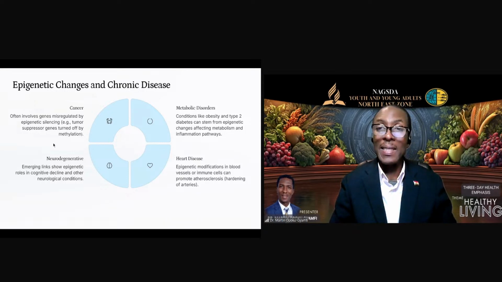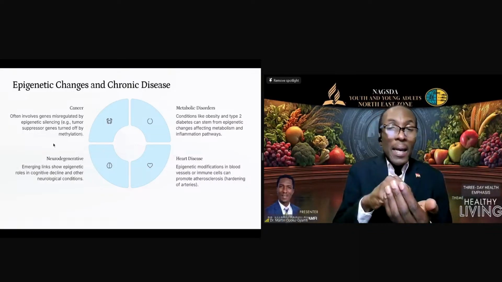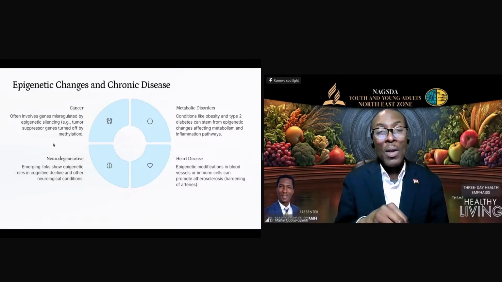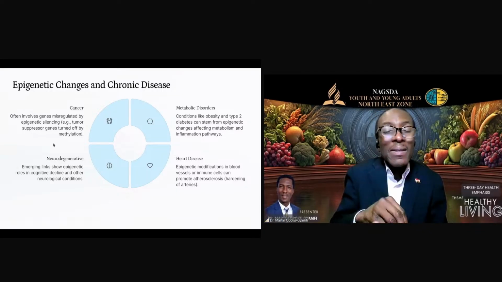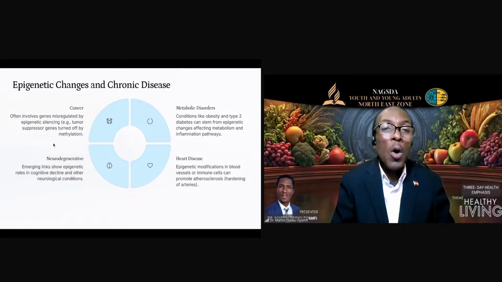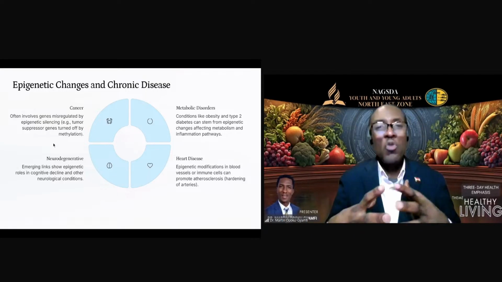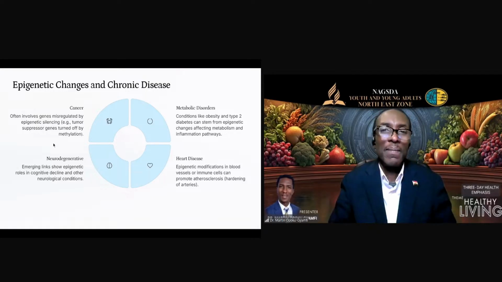So if you look at cancer, for example, it involves genes misregulated by epigenetic silencing. Within our cells, there are certain genes that are referred to as tumor suppressor genes. There are certain genes that suppress tumors, that suppress the development of cancer.